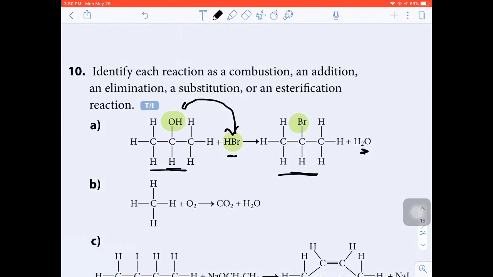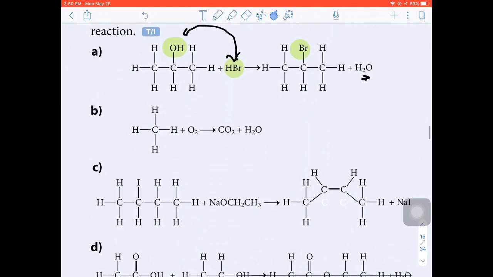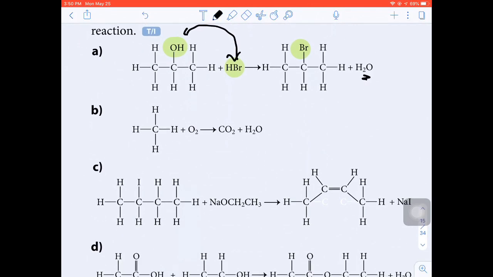If I look at my second reaction down here, I'm seeing a hydrocarbon reacting with oxygen to make carbon dioxide and water. That's combustion.